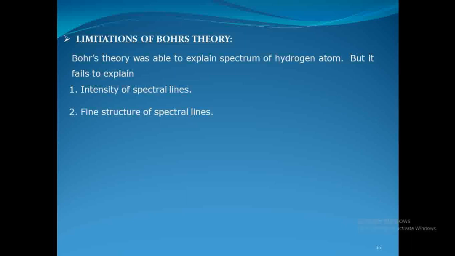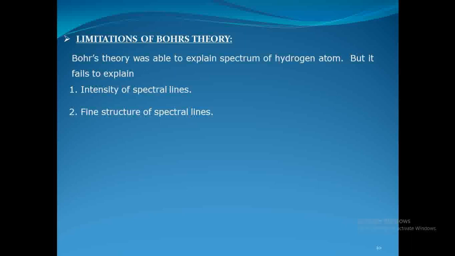So for a single transition from a higher energy state to a lower energy state, if you observe this spectral line with the help of a highly resolved spectrometer, we can see that within a single transition there are very closely spaced lines. So in one transition itself there are many sub transitions.